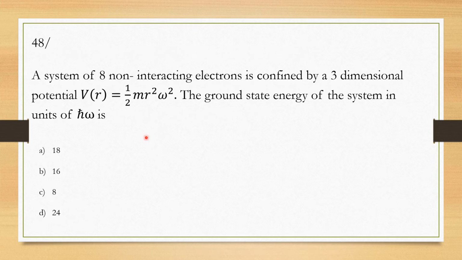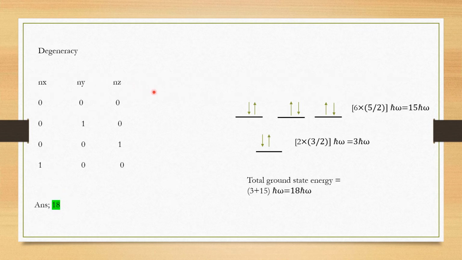Then here is the next question: a system of 8 non-interacting electrons is confined by a three-dimensional potential V of r equal to 1 by 2 m r square omega square. The ground state energy of the system in units of h cross omega is, and the options are 18, 16, 8 and 24. To find the ground state energy, first we have to calculate the degeneracy.